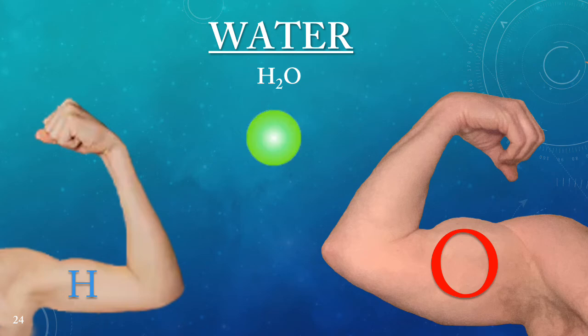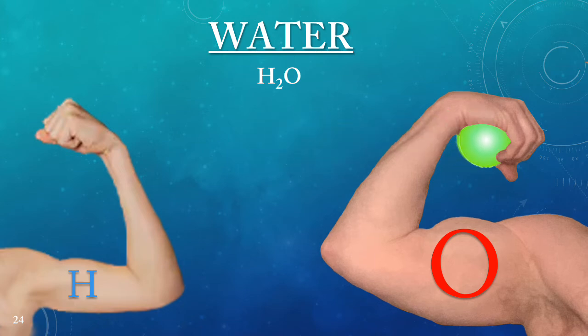And then here's an electron. And then who's going to win this electron? Well, guess what? It's going to go and hang out with the oxygen much more because it is a stronger element. So this actually has a name when we have compounds that have partial charges where one's much stronger than the other.